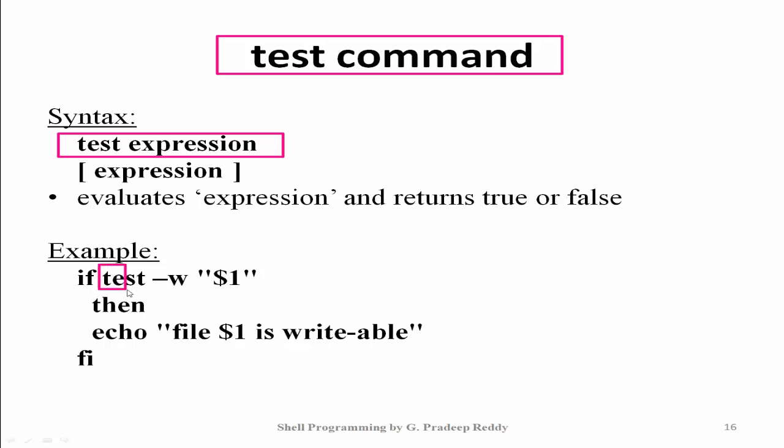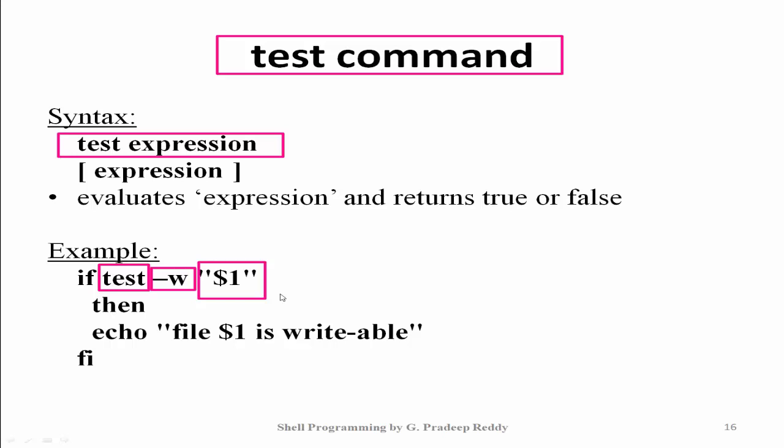Here you specify if test, and here we have written -w, so you check whether it is writable. The argument you have specified is $1. $1 is an argument which is specified by the user.